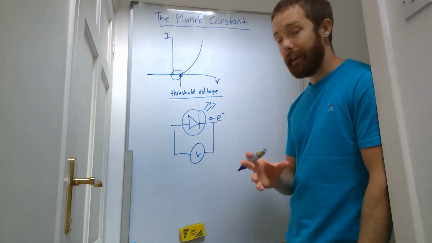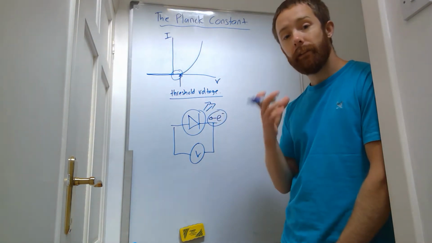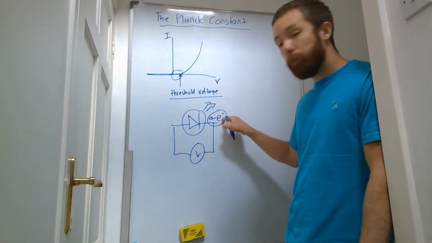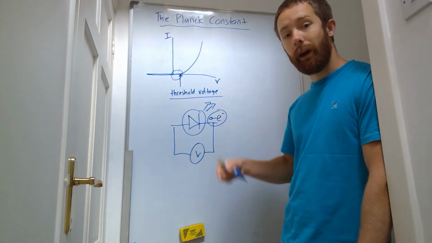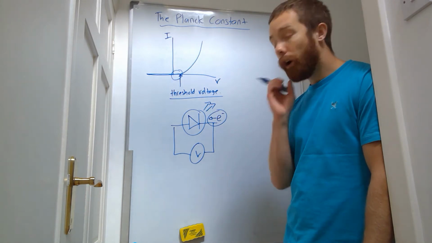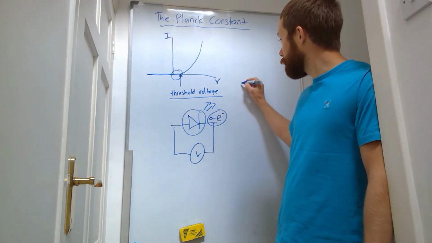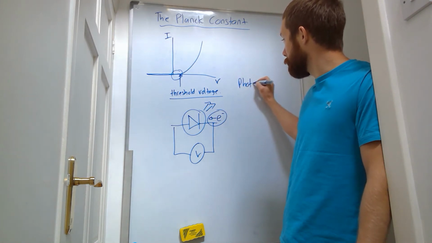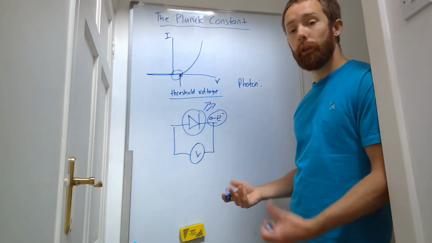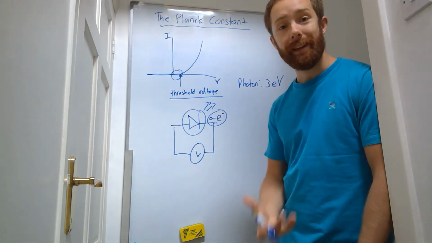Now, the key thing here is that because we're talking about quantum and individual particles, each one of these electrons has to have enough energy to create a photon of light. Let's put some random numbers in here. Let's say the photon of light coming off has 3 electron volts of energy.